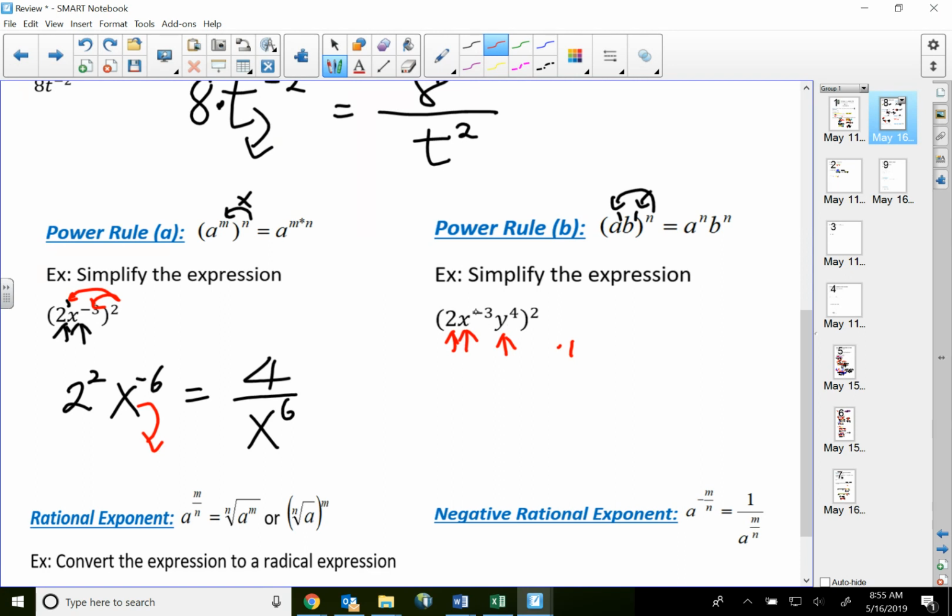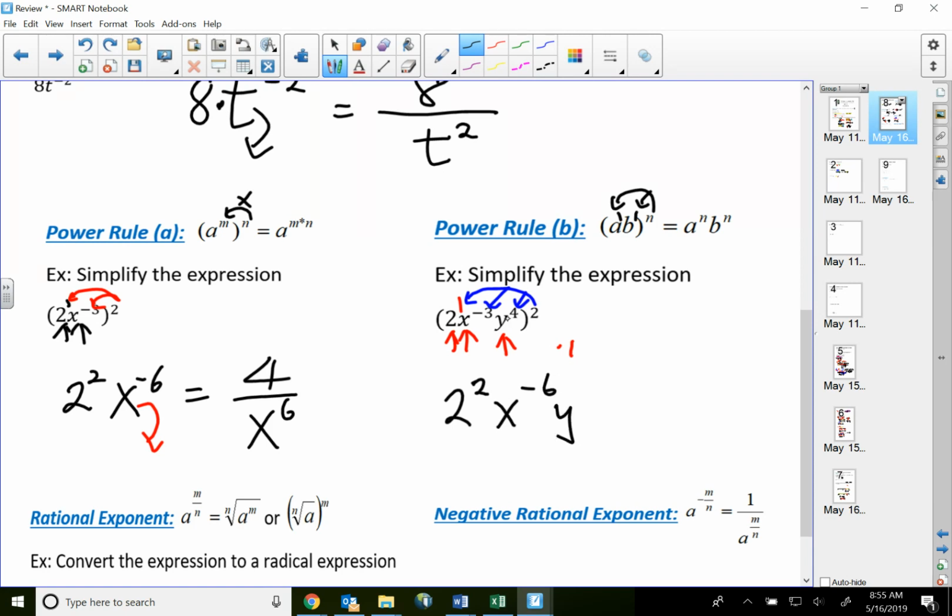So 3 different factors here: 2, x, y. 2 has an exponent 1. So when my outer exponent distributes its power through multiplication, my 2 will now be 2 squared. My x will be to the negative 6th power.